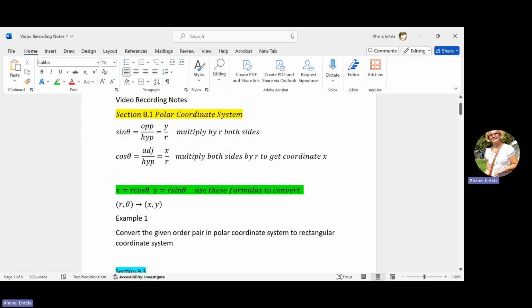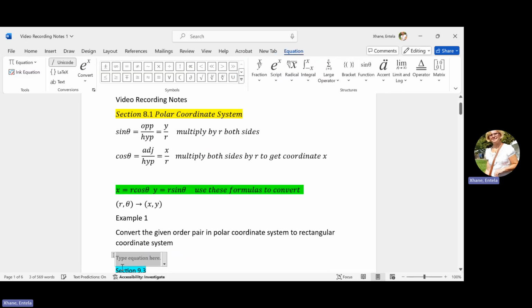So what is given is a point in the form r and theta. This is 3 comma 5 pi over 3. We are going to convert this into x and y.